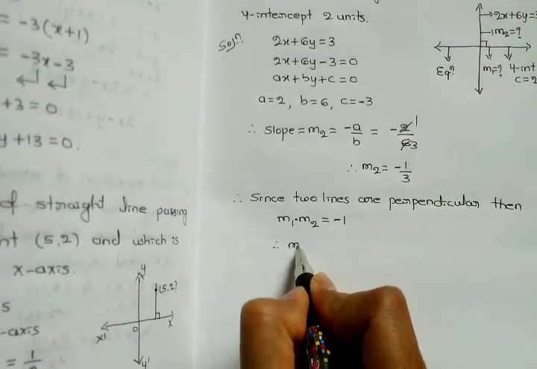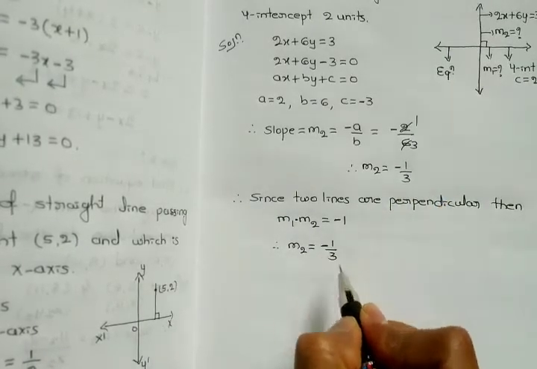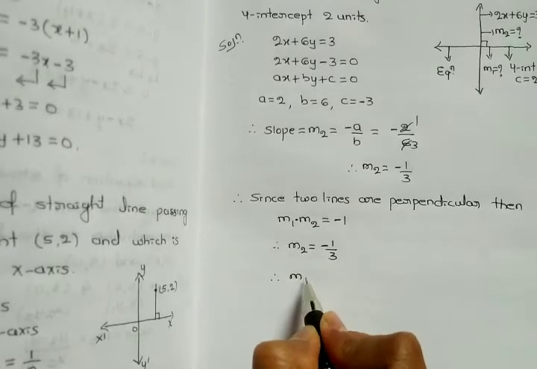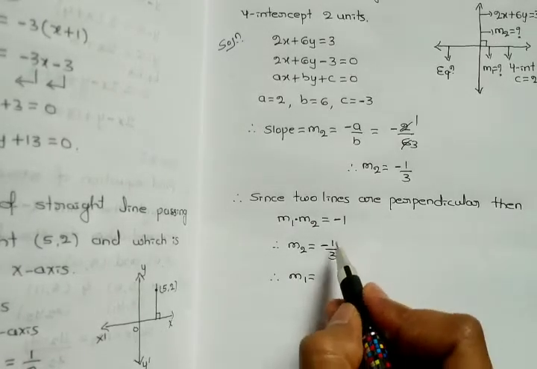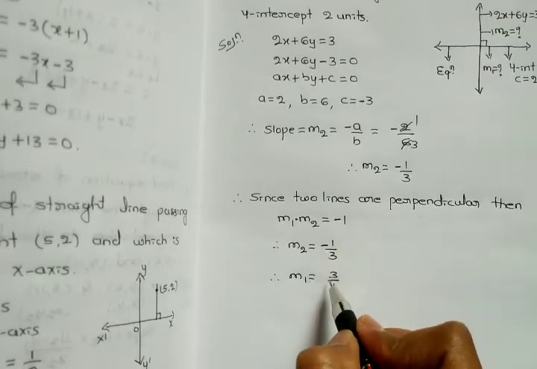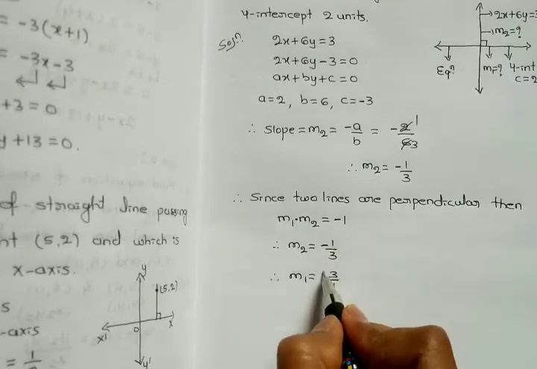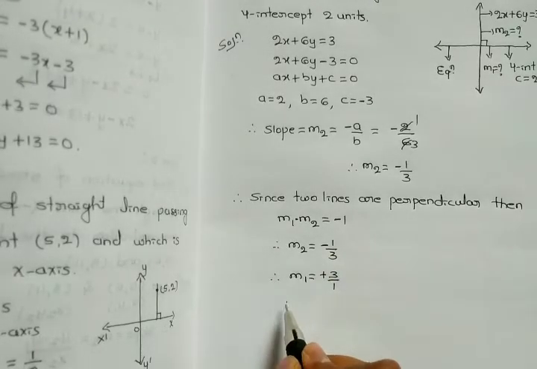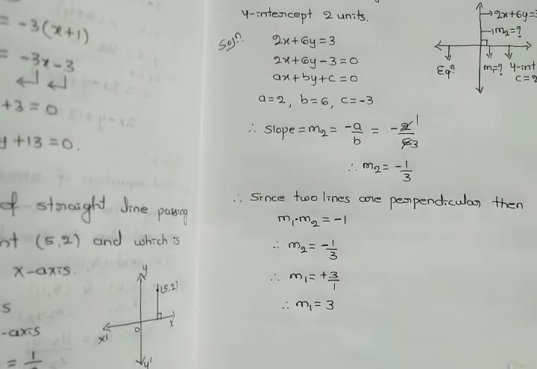Therefore m2 is equal to how much? Minus 1 divided by 3. Therefore m1 is equal to, as I said, take the reverse of the m2 value. The reverse of 1 by 3 is 3 divided by 1. Opposite sign: here a minus sign is there, so here you need to take a plus sign. Therefore m1 is equal to 3 divided by 1, which means how much here? 3.